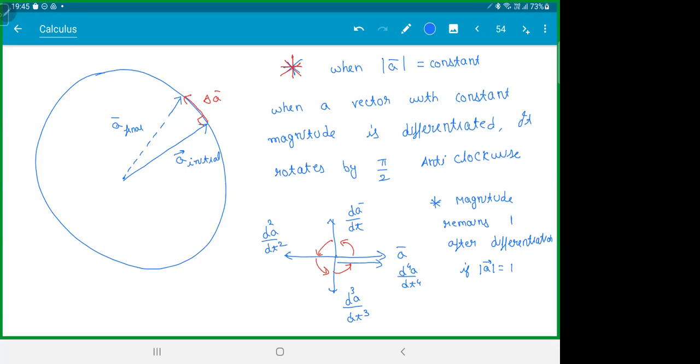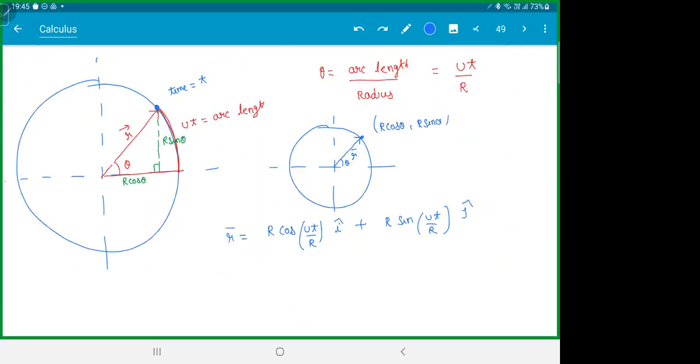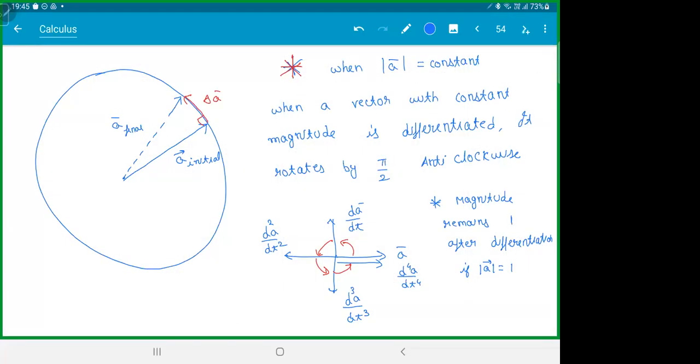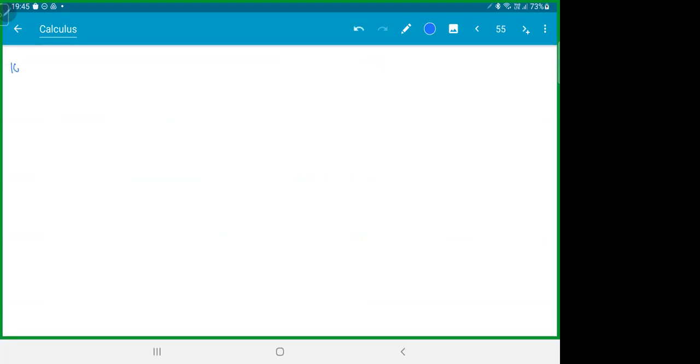Let's see how they'll frame a question on this. Turn the page. Last one for the day.